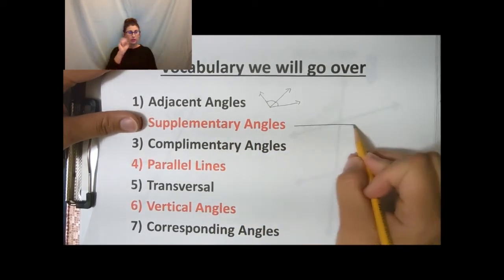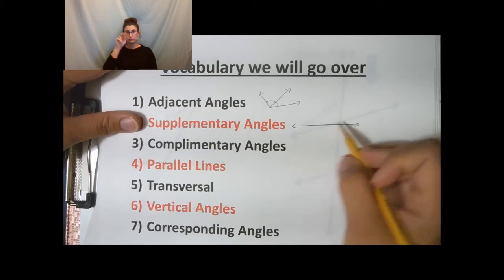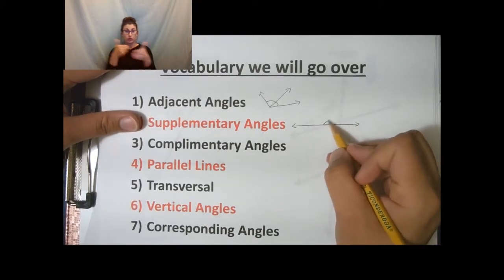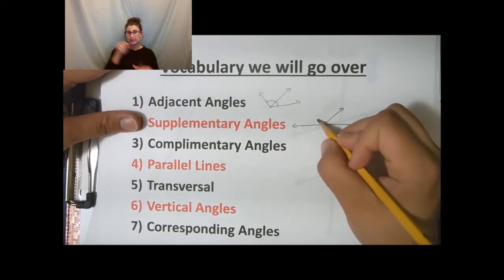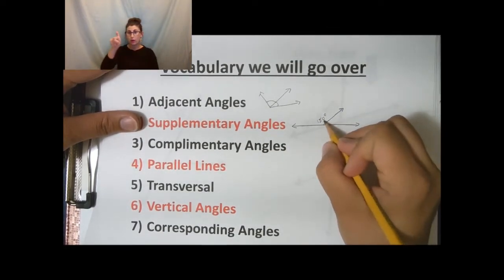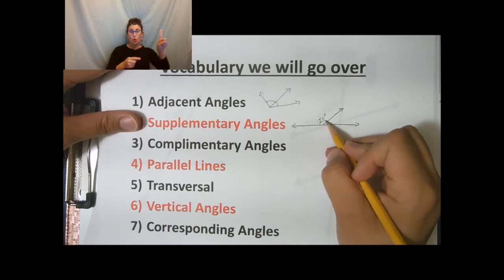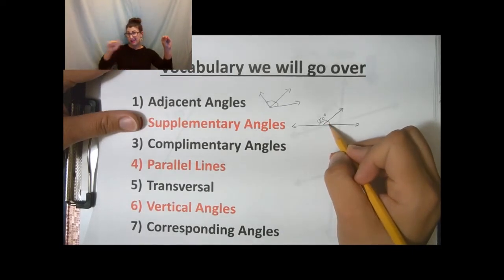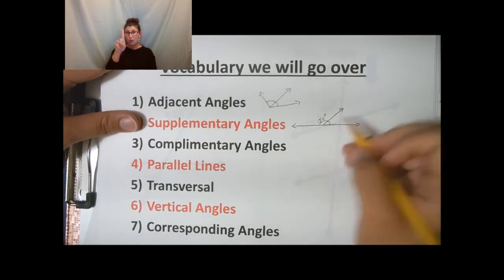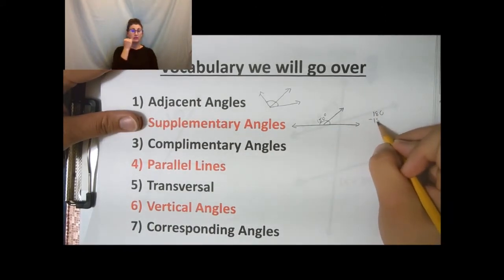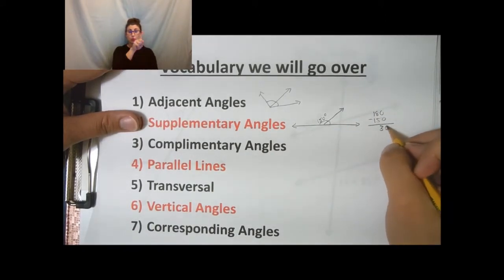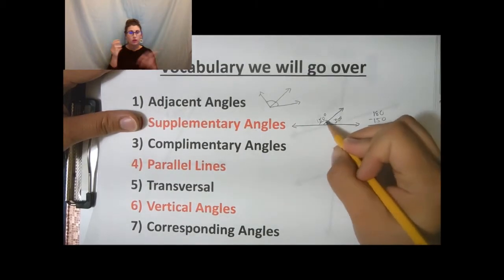Supplementary angles are two angles that when they're adjacent, when they're next to each other, they add up to 180 degrees. For example, if this is 150 degrees, this angle plus this one has to equal 180. So it's the same thing as saying 180 minus 150, which is 30 degrees.